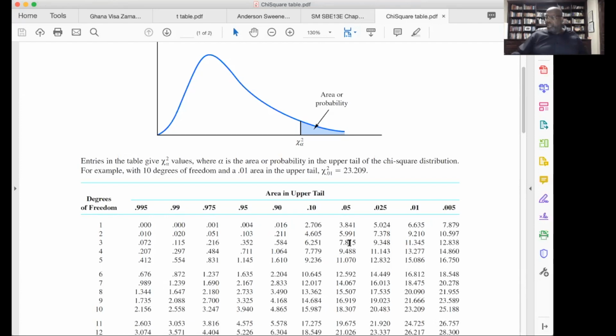And you may recall, we calculated a value of 2.4 something. So definitely we're not going to reject the null hypothesis.